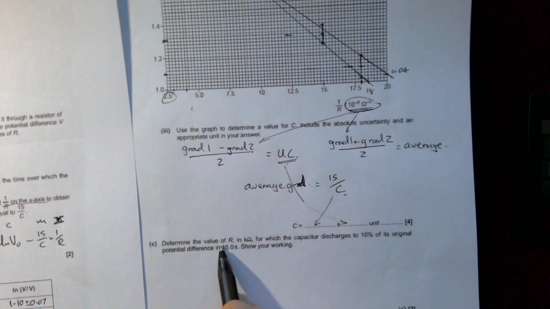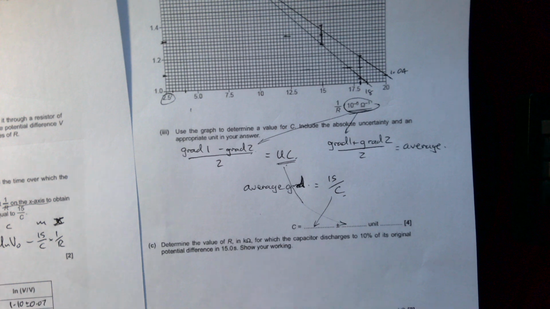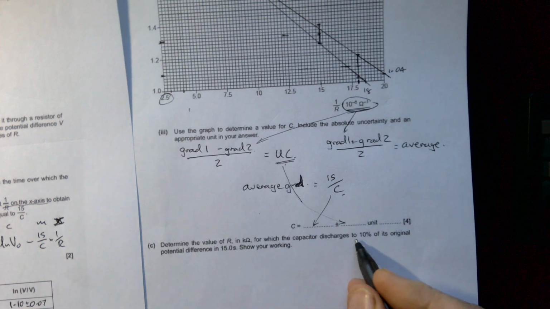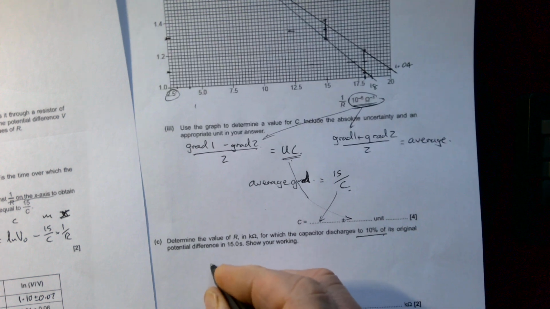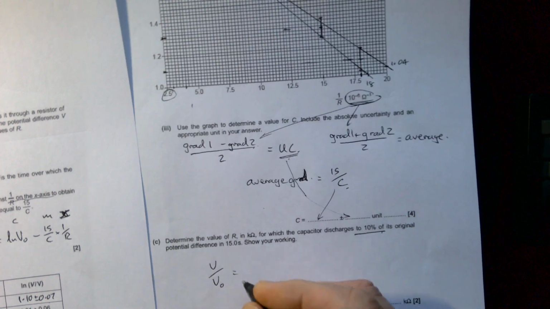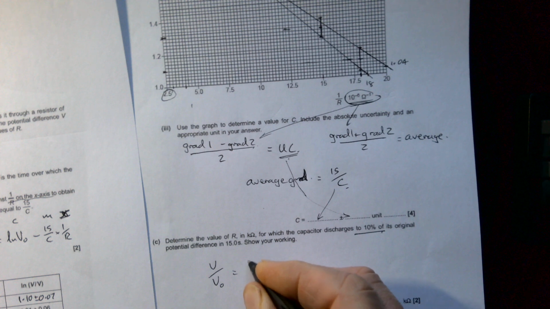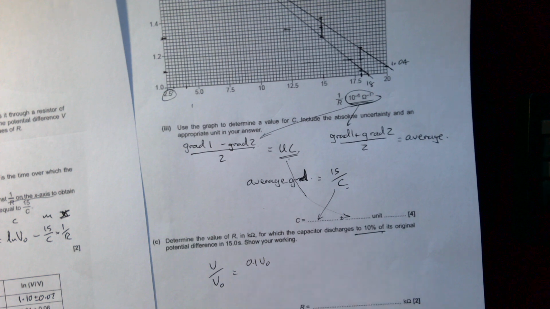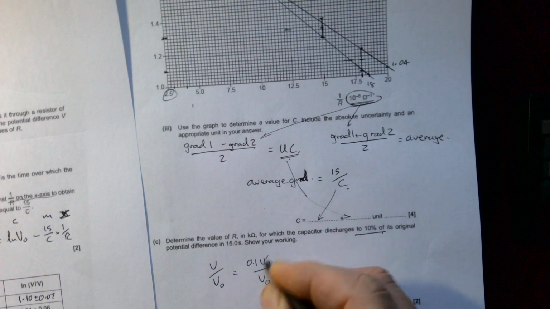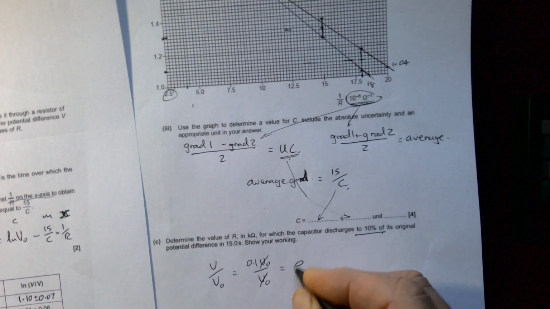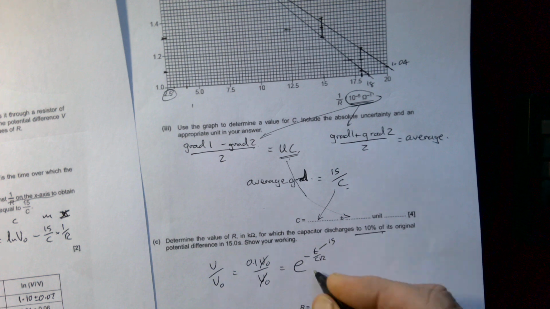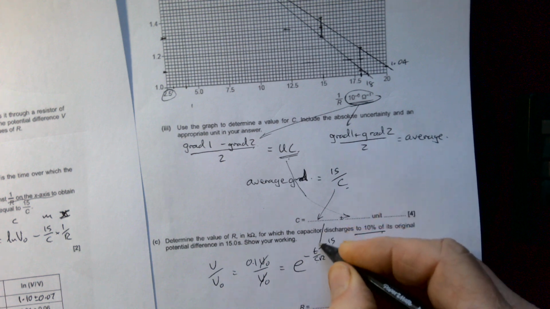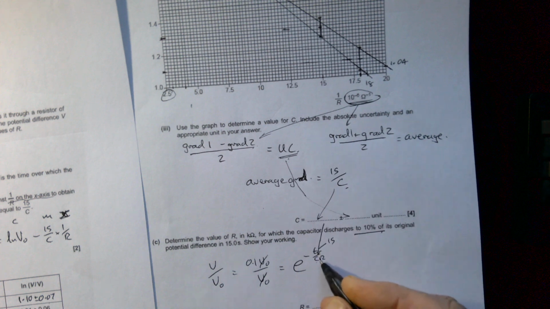You substitute in your value of C, you want it to discharge to 10%, so V over V0 will equal 0.1, so 0.1 equals e to the minus t over CR, where t is 15, and your value for R is what you're after.